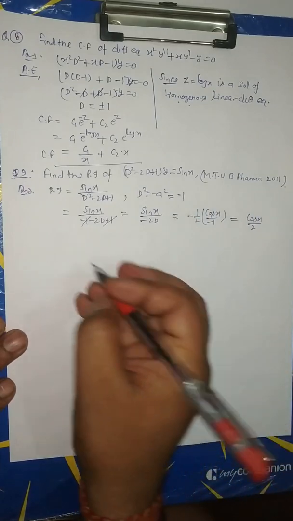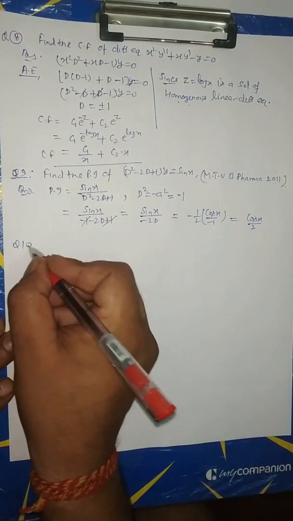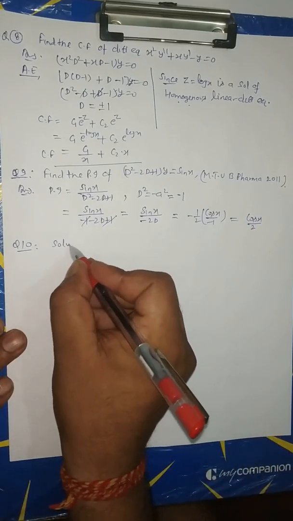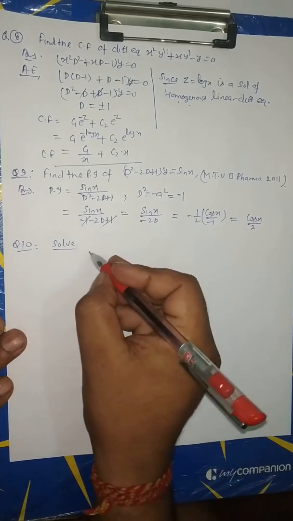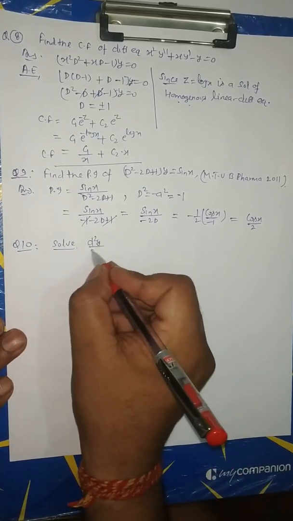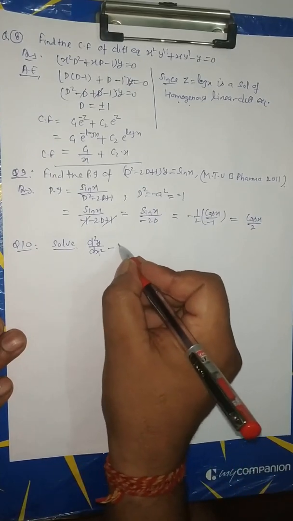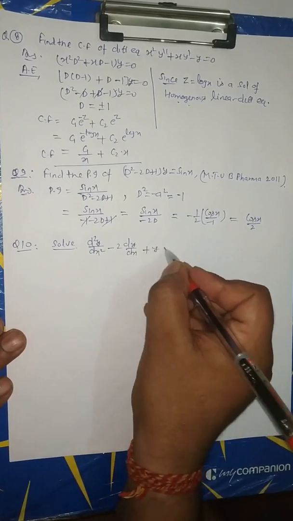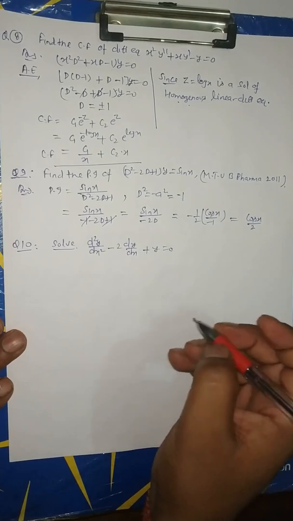Now next question, question number 10. Solve d2y/dx2 minus 2 dy/dx plus y equal to 0.